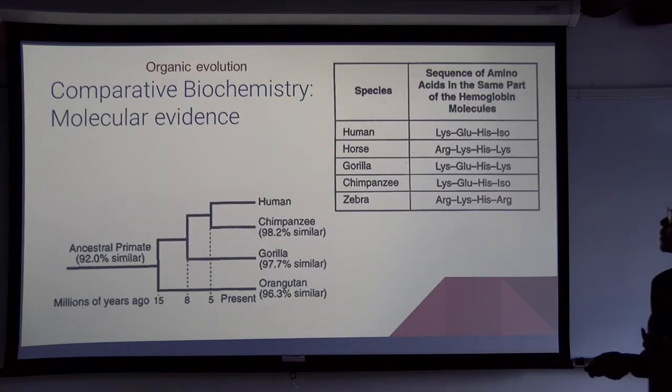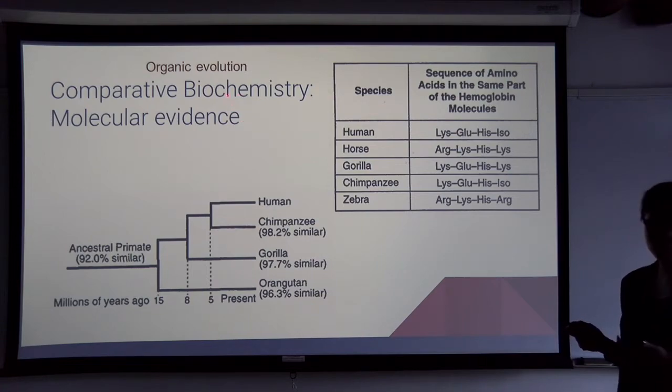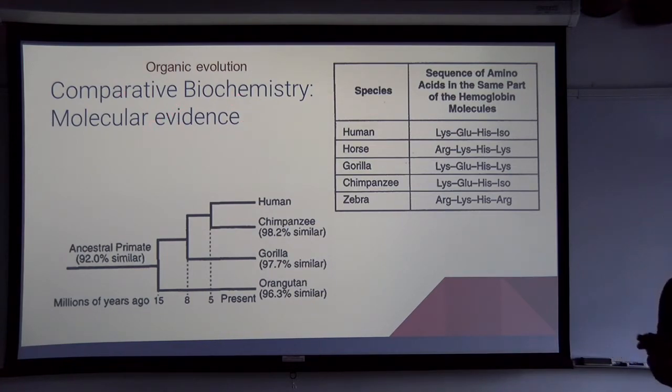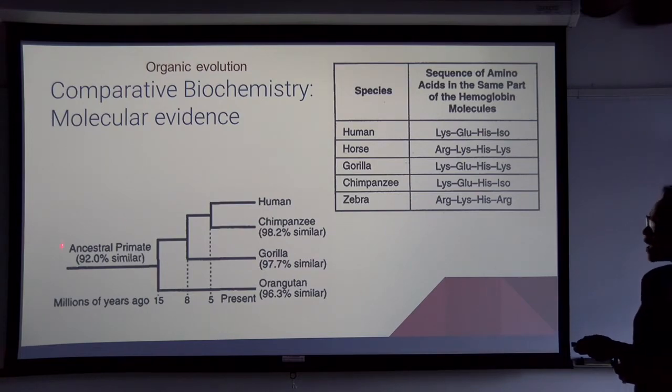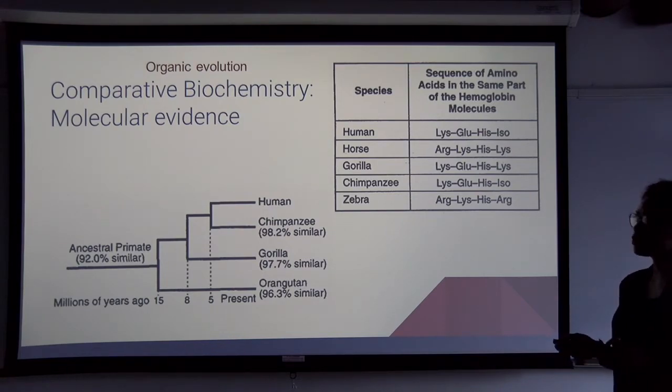There are similarities in the chemistry, the biochemistry of organisms, and it's called molecular evidence. If you take a look at this tree here, we see the chimpanzee, the gorilla, the orangutan, all derived from a primate, including us as humans. We didn't come from them, but we have similar molecular structures, as our ancestors were ancestral primates.